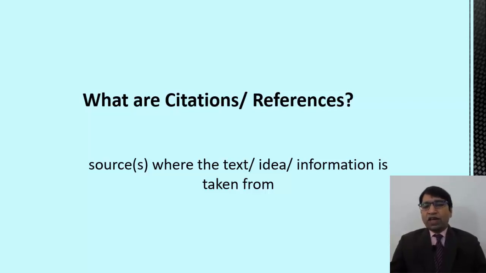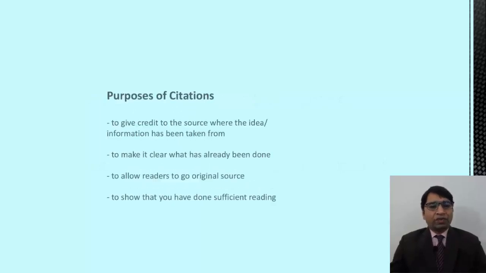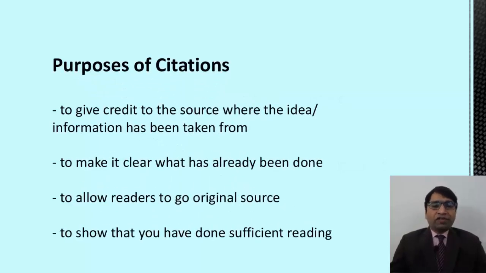Now, once we know what a citation or reference is, the second question that comes to our mind, or should come, is: what is the purpose of citation? Why is there a need for citation actually? There are basically four main purposes of citations. First and foremost, to give credit to the source where the idea or information has been taken from.